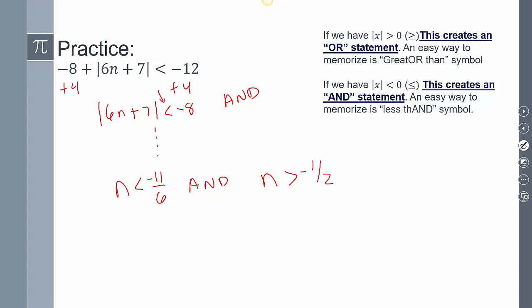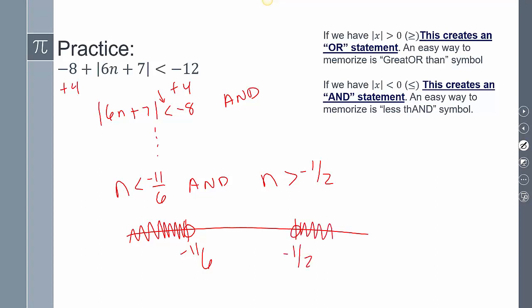And so if I wanted to take a look at those and put these on the number line, here's negative 11/6, n is less than that. For this one here, this is negative 1/2, n is greater than that. Well, if you notice, there's nothing that intersects, because that's what AND means, is that they intersect. So because nothing intersects, there's no solution.